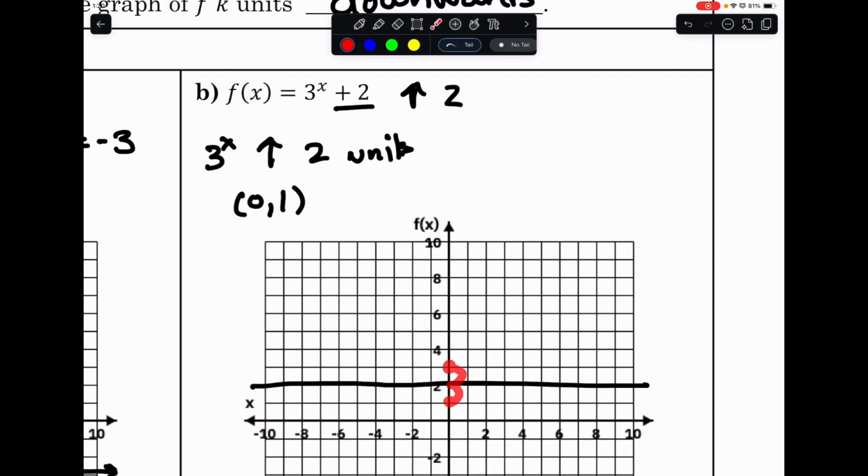So that will put it right here at (0, 3). And because the base is 3, that means that we have a point at (1, 3). Moving that up 2 units is going to put it right there at (1, 5). So this is what the graph of 3^x plus 2 will look like.